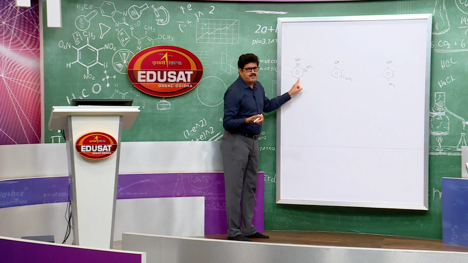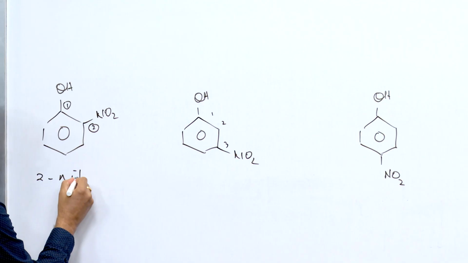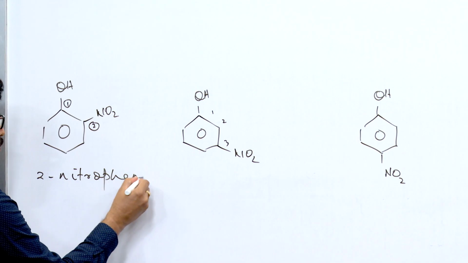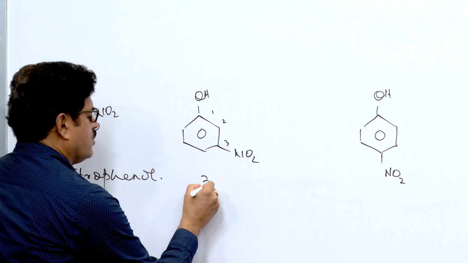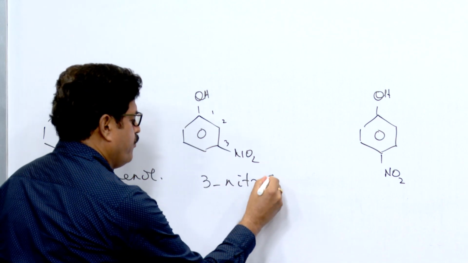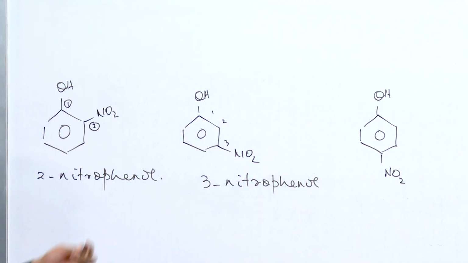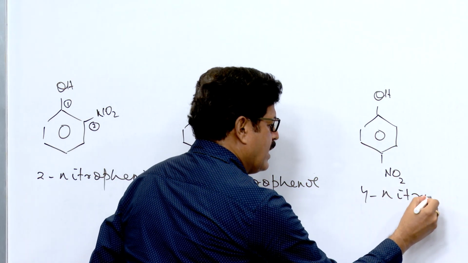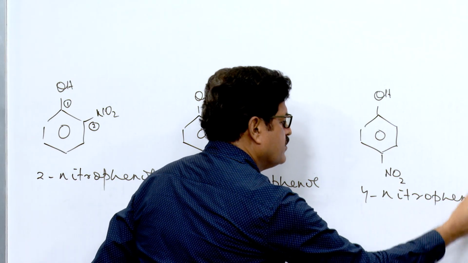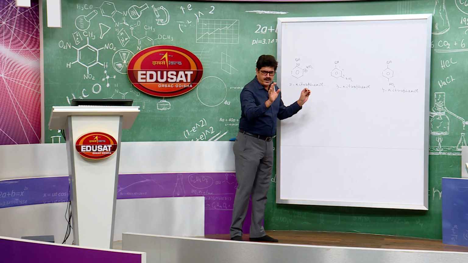What is the IUPAC name of this compound? 2-nitrophenol or orthonitrophenol. Next one, 3-nitrophenol. And you can name it now. I am sure you can name it. It is 4-nitrophenol or para-nitrophenol. Is that clear now? So, this is the nomenclature of monohydric phenols.